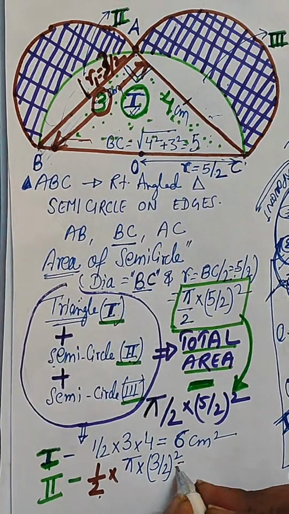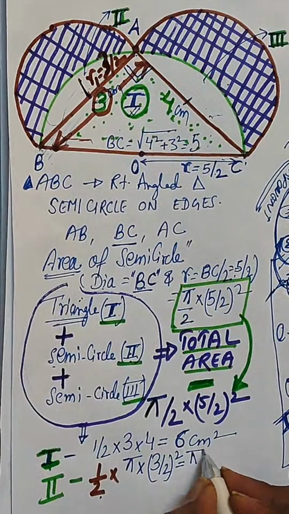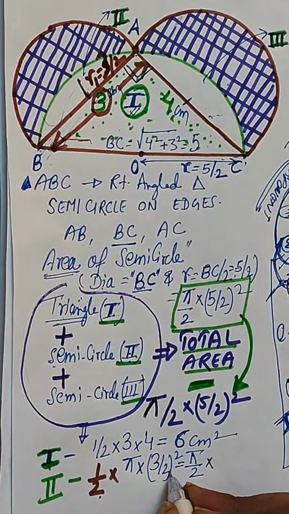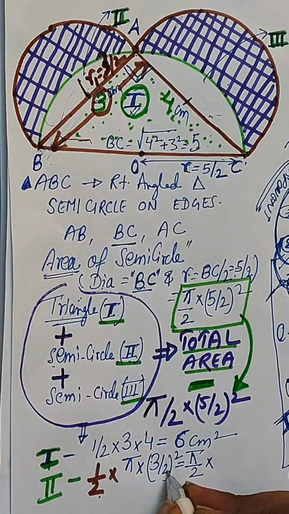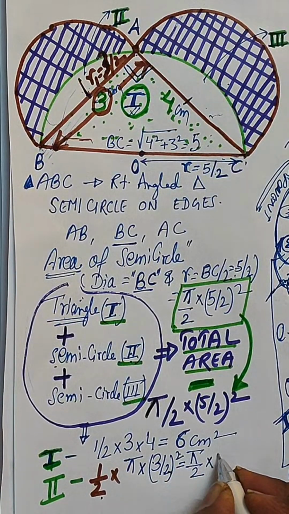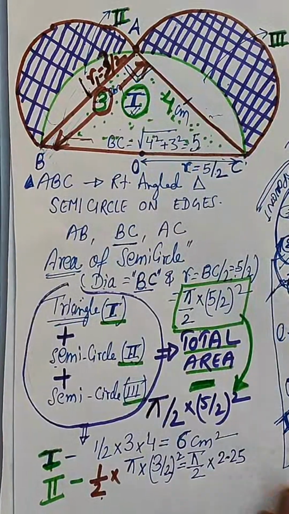So this will be coming as pi by 2 into 3 by 2 is 1.5, 1.5 whole square, 225, so it will be 2.25, right?